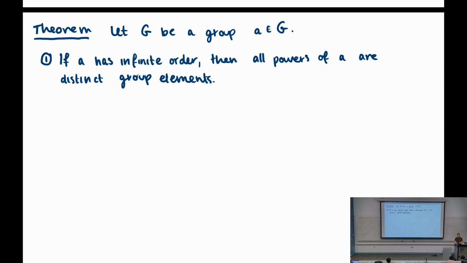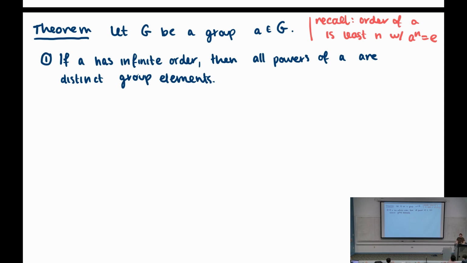Let's just recall that the order of A is the least number n with A to the n equal to the identity, and if such an n does not exist, then it's said to have infinite order.